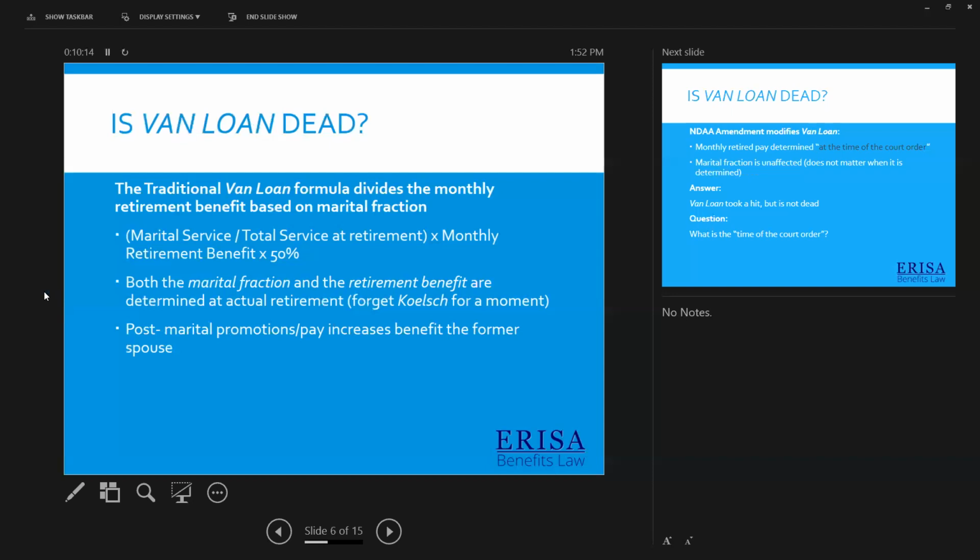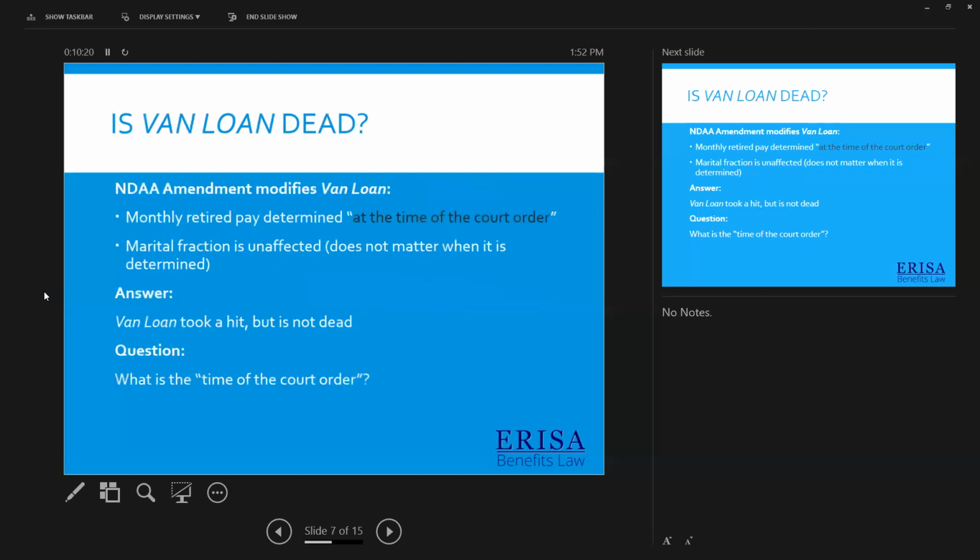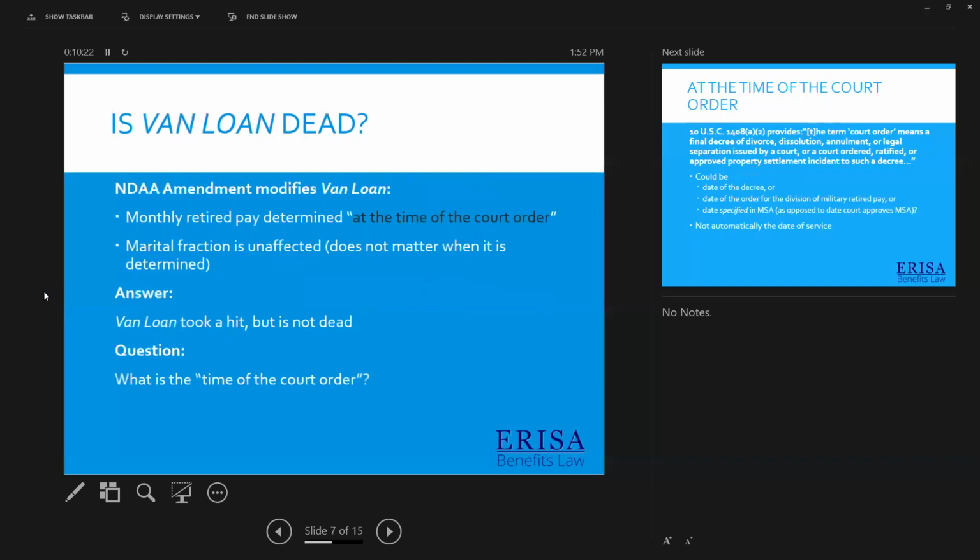And that is the piece that is modified by the NDAA amendments. So the amendment modifies Van Loan to say that the pay that we're determining when we're applying the formula about what we're going to award to the former spouse is determined at the time of the court order. And that's a quote from the statute.